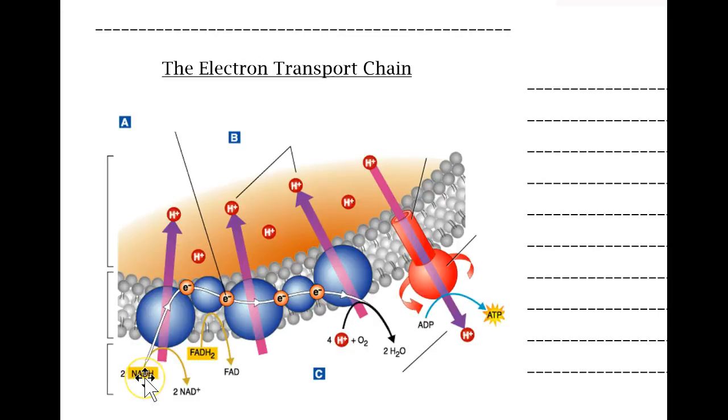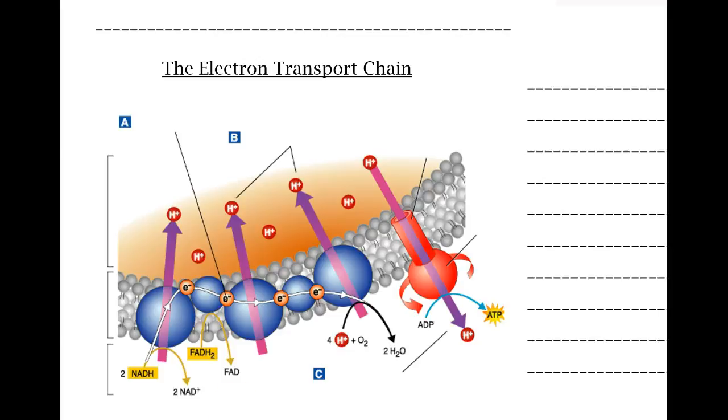So here is our first ion pump. And NADH is going to drop off a pair of electrons to this ion pump, turn on this ion pump, and it's going to pull hydrogen ions against the gradient, going from a low concentration to the high concentration. We're not going to recharge our electrons this time around. The electrons are going to go into the next transport protein, go into the second ion pump, and it's going to pump hydrogen ions in against that gradient.